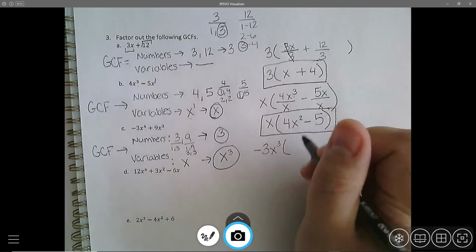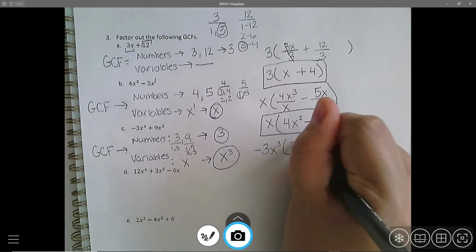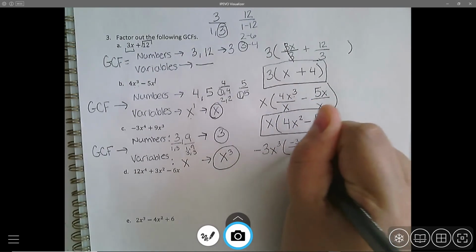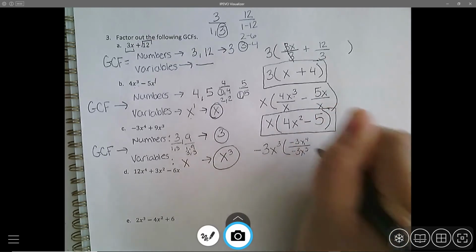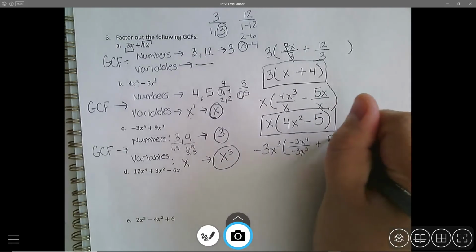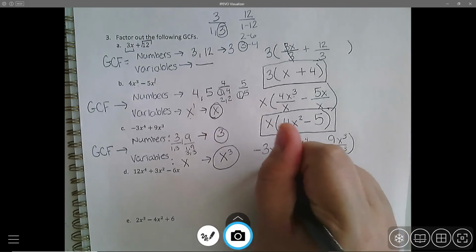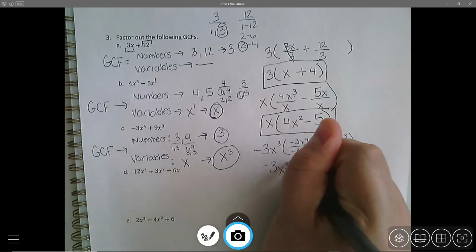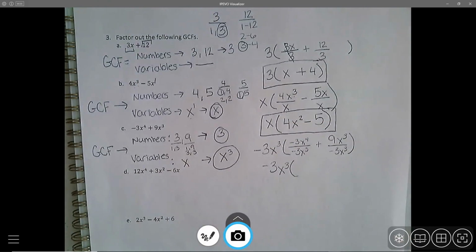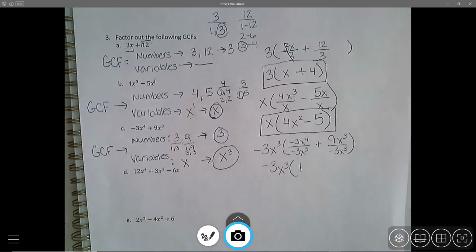So now my step then would be to take what they had at the front, divide by what I said was the GCF. So now my final answer, -3x cubed. Okay, if I go through this, -3 divided by -3 is a +1.